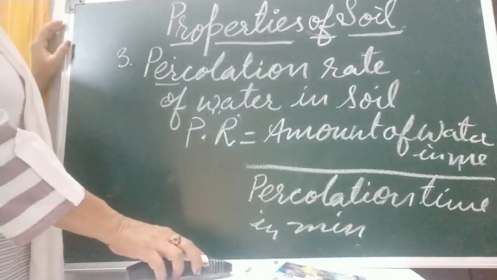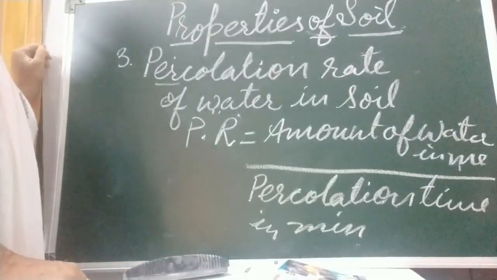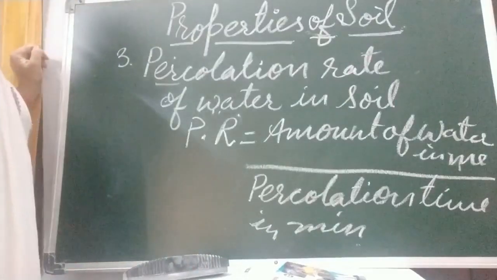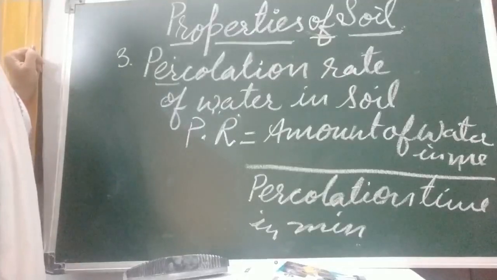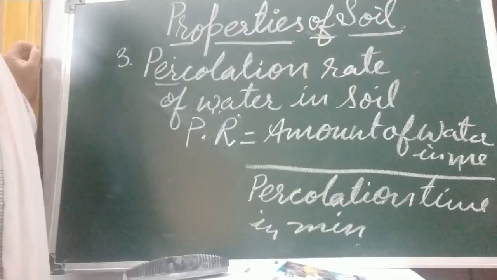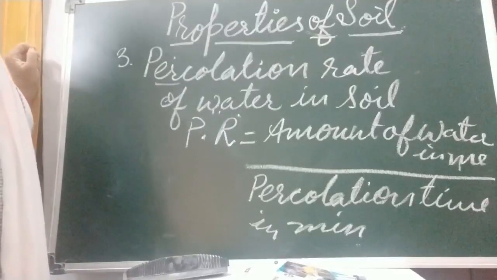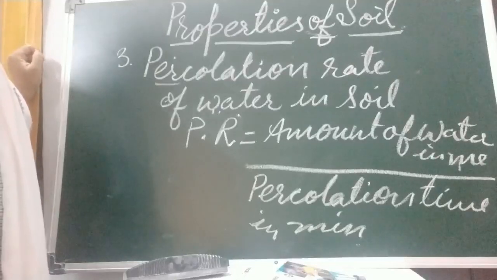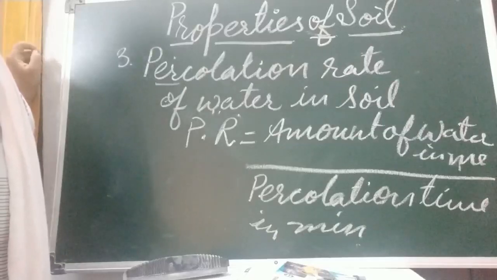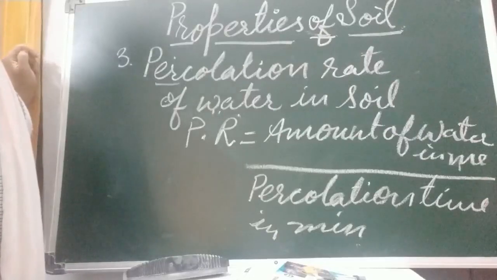Now children, what happens to water when it falls on cemented ground? The percolation in cemented ground is very less. Why? Cemented ground is porous to some extent, tiny pores are there, but not too many. The porosity of a cemented floor is very low compared to soil, and therefore water absorption is very slow.